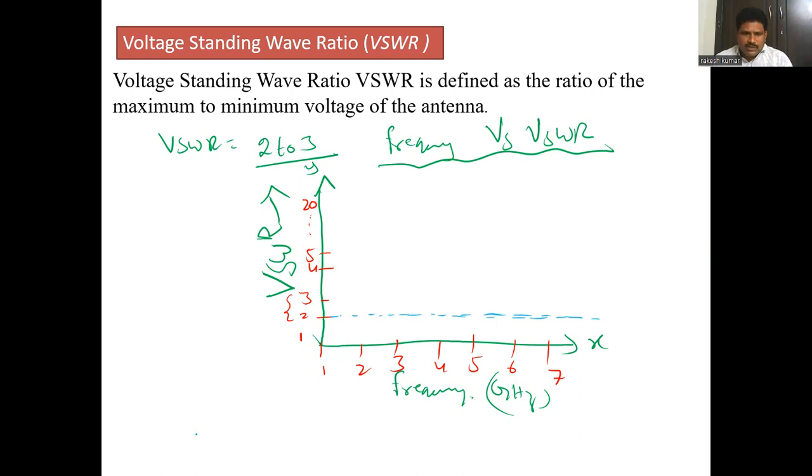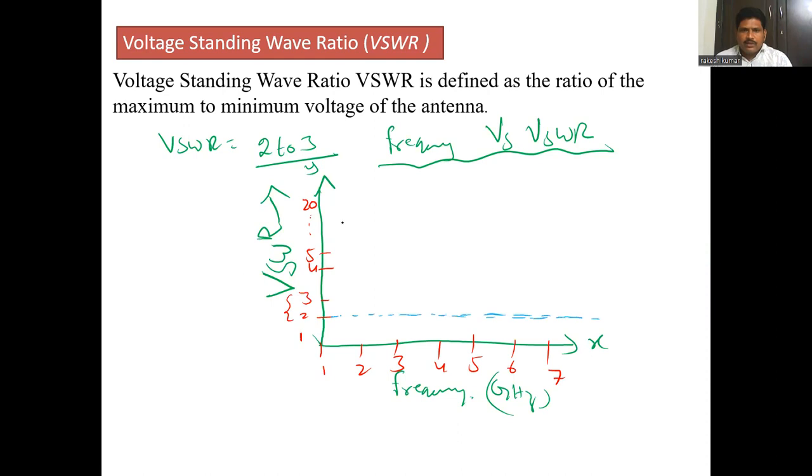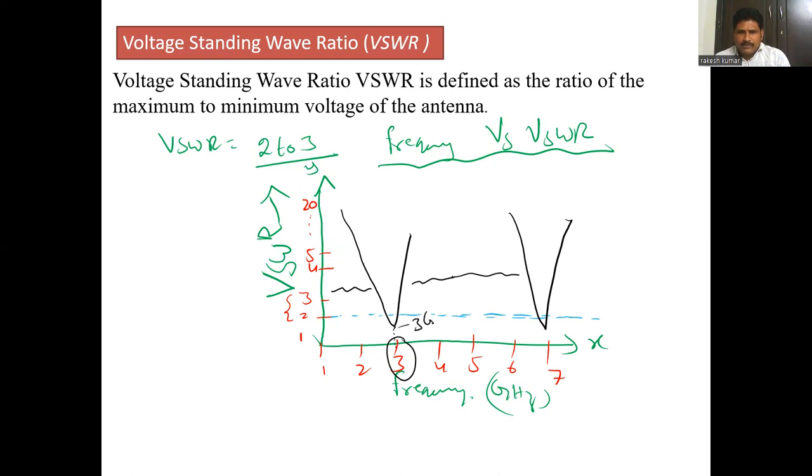For example, let us consider one antenna whose graph is like this. Tell me at what frequencies it is operating. From here to here, the antenna is not operating. Where it goes below 2, the first frequency is 3 gigahertz and the second one is 7 gigahertz.